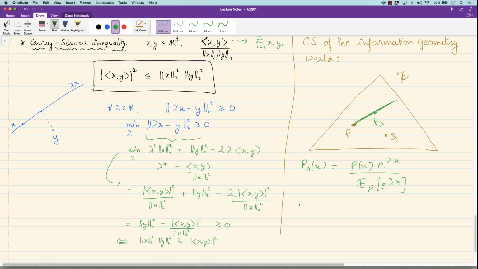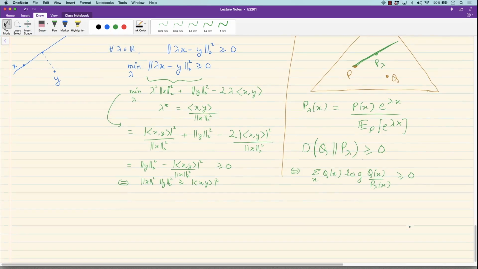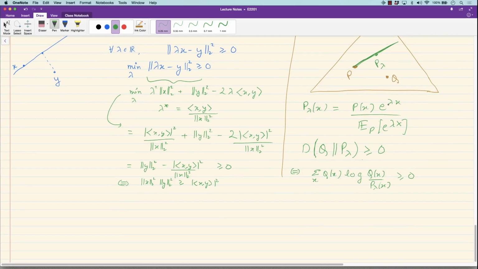And now, just like we wrote here, the distance here is non-negative. Similarly, the divergence between Q and P_lambda is greater than or equal to 0 for every lambda. This implies, if you expand this, the summation over x of q(x) log q(x) by P_lambda(x) is greater than or equal to 0. Now P_lambda(x) has p(x) times this, so we will expand each and every term.